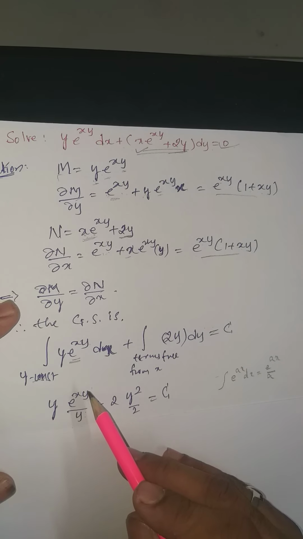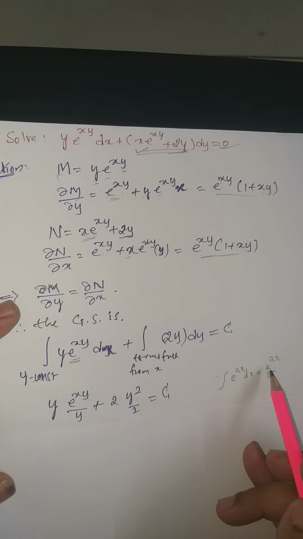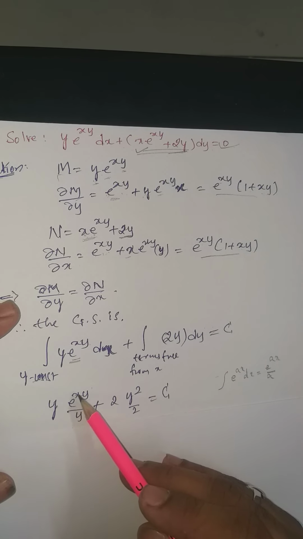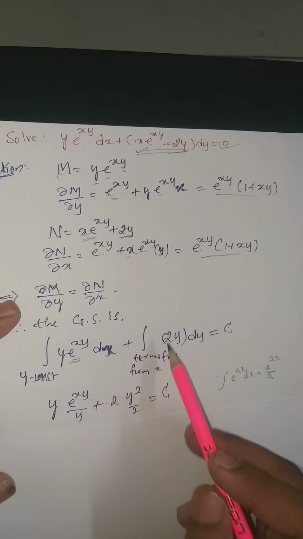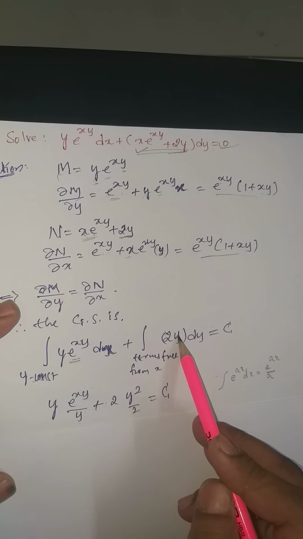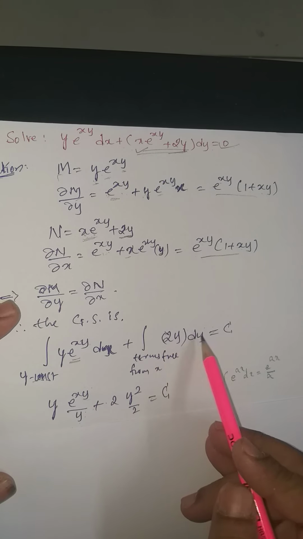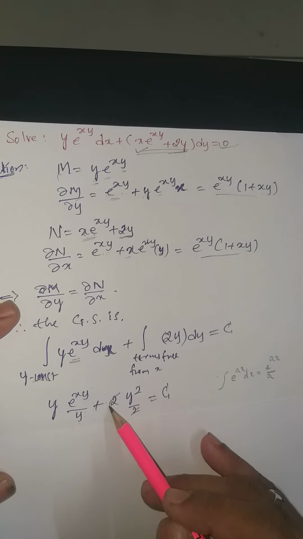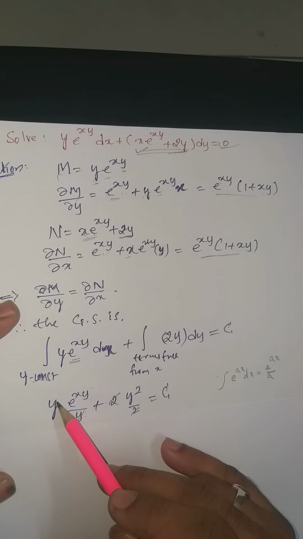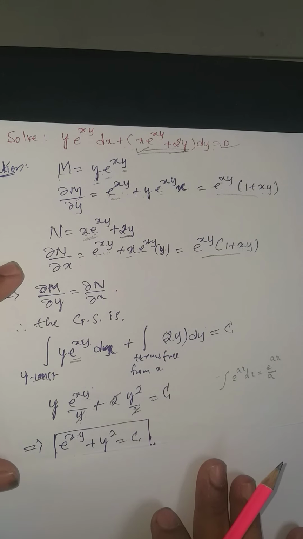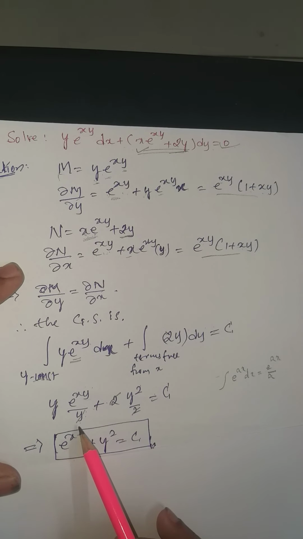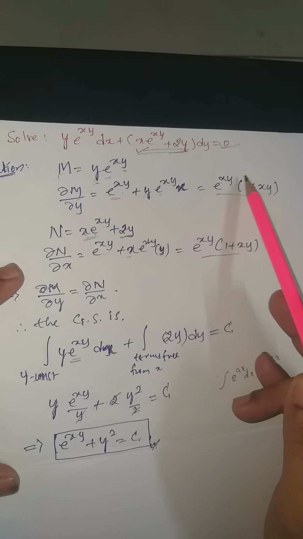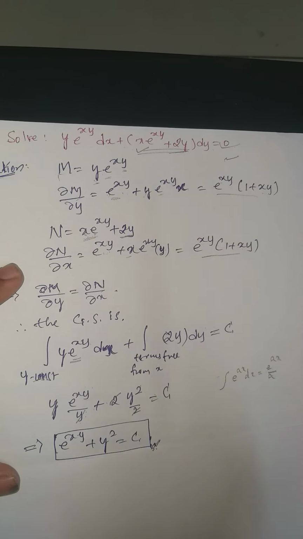Here y is treated as constant, so we can write e^(xy)/y. Plus 2 is a constant, which you keep as it is. Integration of y with respect to y becomes y²/2, equal to some constant. So what happens here? These two cancel, and this y cancels. You can write the final result as e^(xy) + y² = c, which is the required solution of this given exact differential equation.